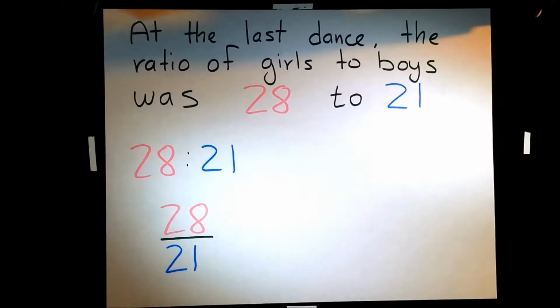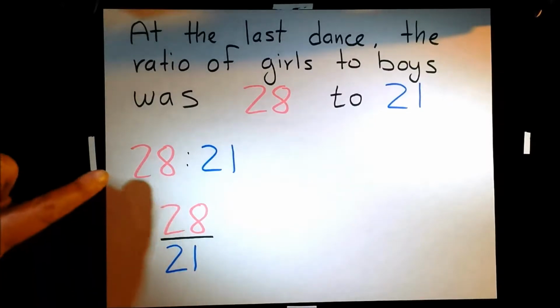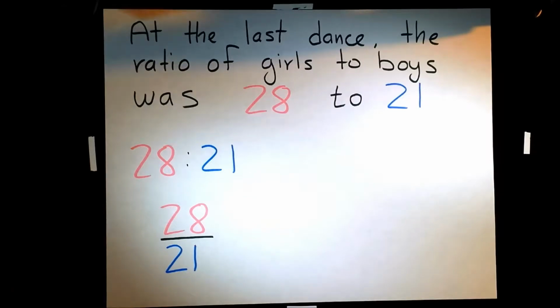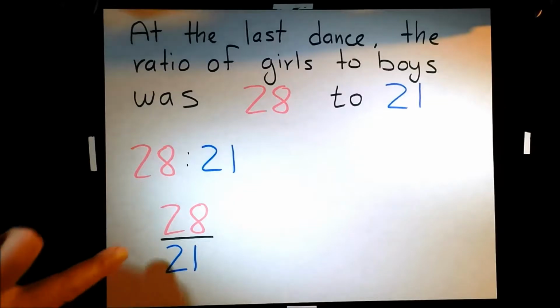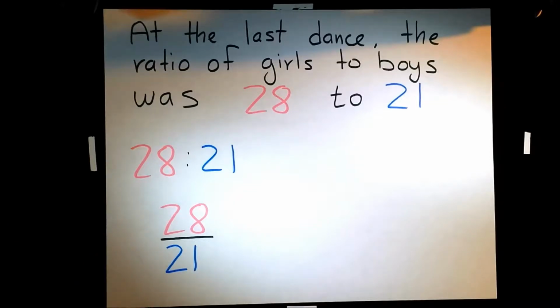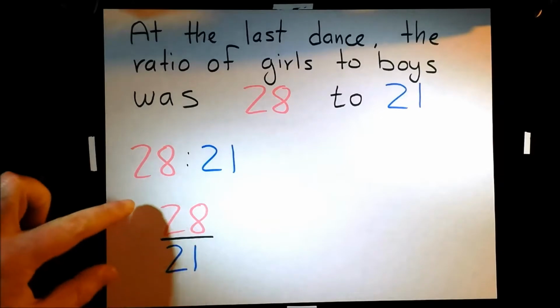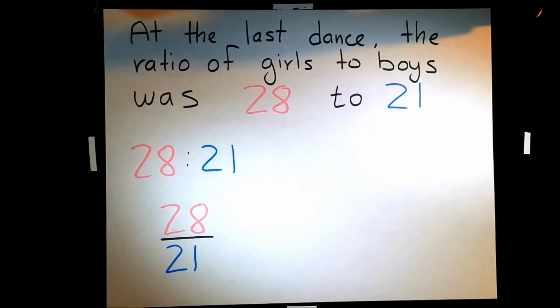The second way is you can put a colon in between the two numbers, just like I have right here, 28:21. And the last way, and this is going to be our most useful way of writing it, at least for the foreseeable future, is to put a division line between the two numbers, 28 over 21. So these are the three ways you can write that particular ratio. They all mean the same thing.